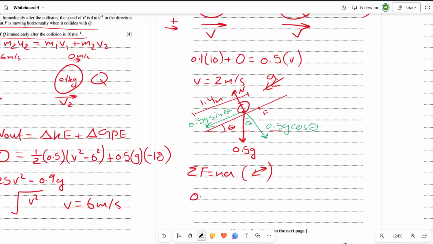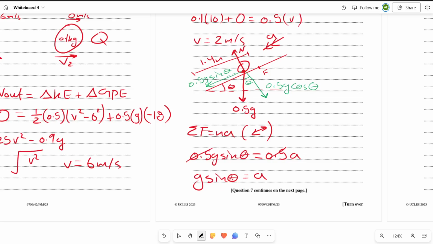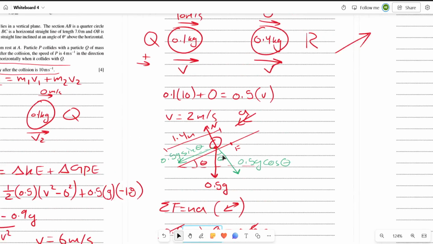So the 0.5 g sine theta, which is the only force in this direction, is going to be positive and is going to equal mass times acceleration, so it's equal to 0.5 times acceleration. I can see that I can cancel 0.5, 0.5. g sine theta equals acceleration. So the question requires me to find theta, and from this equation, if I have the acceleration, I can easily find theta. So let's work on getting the acceleration.